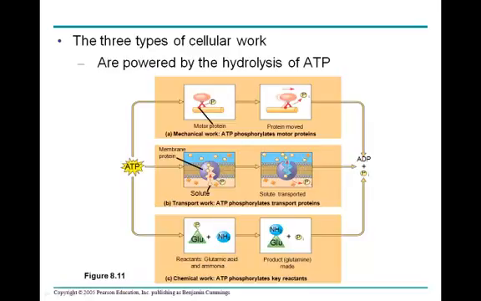ATP phosphorylates these motor proteins, which allows them to slide past each other and allows your muscles to contract. Transport work involves changing or interacting with membrane proteins to allow some solute to be transported across the membrane. And then there's chemical work, which is what we see with metabolic reactions, coupling ATP hydrolysis with some metabolic reaction so that the reaction can favorably occur.